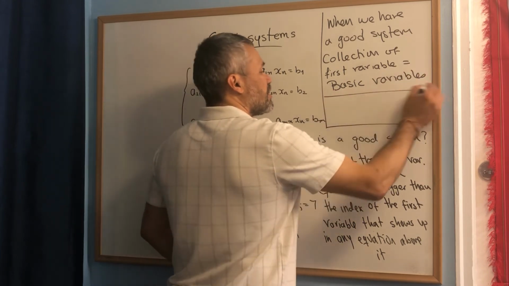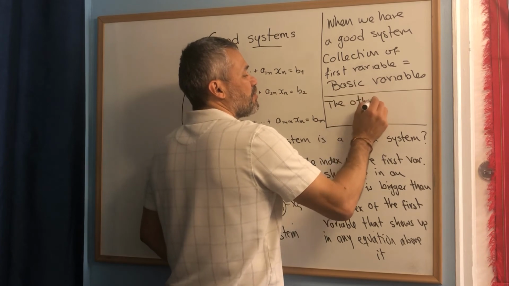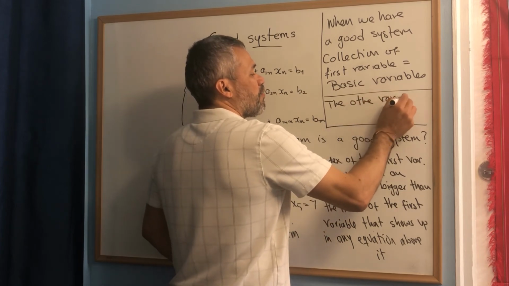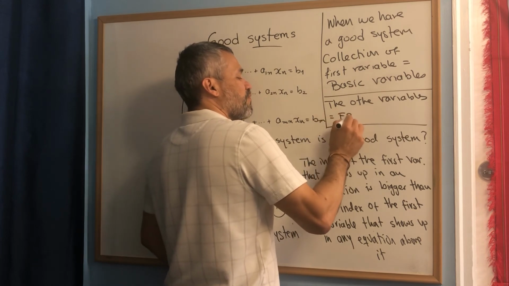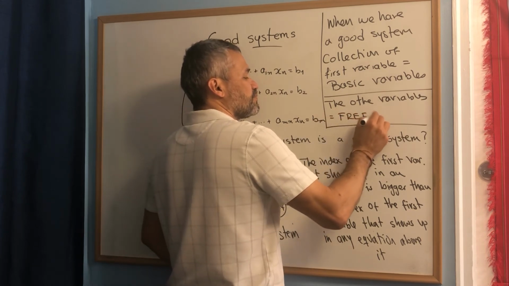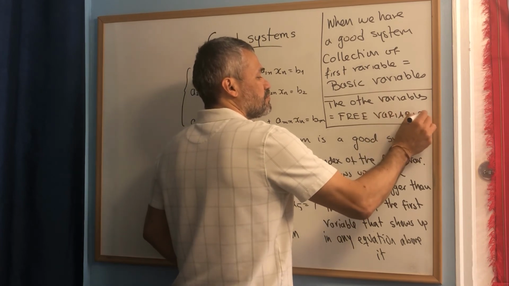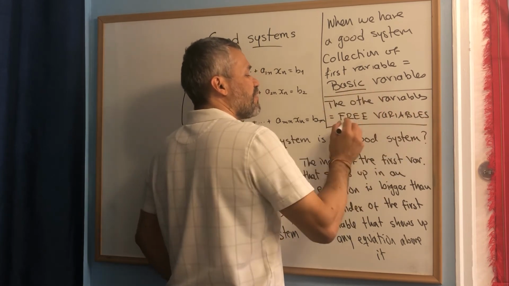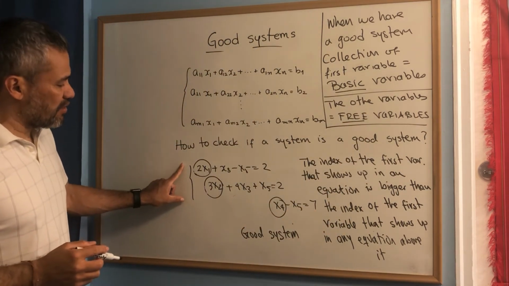And the other variables are going to be called free variables. Then this is the notion of basic variable and free variable. For this system, we agree this is a good system.